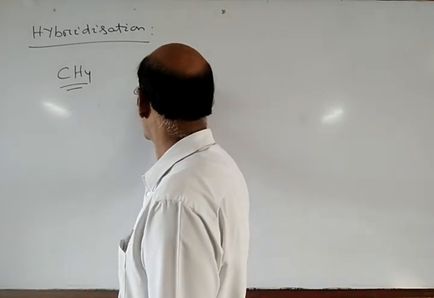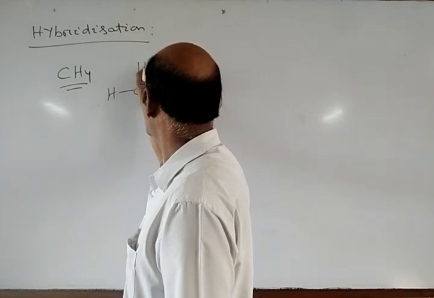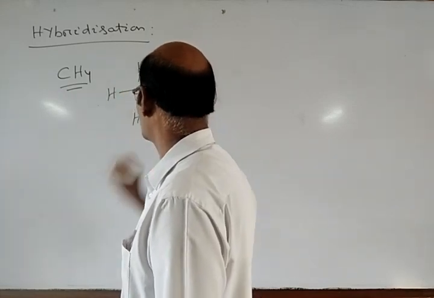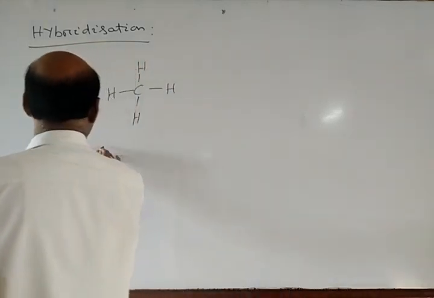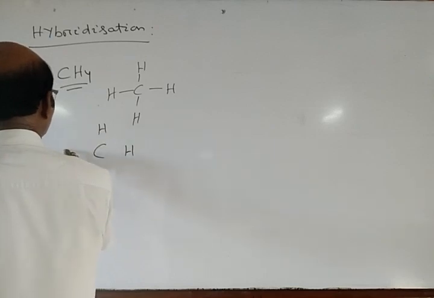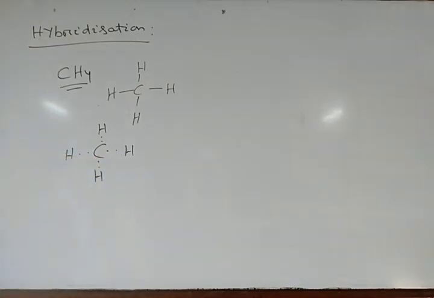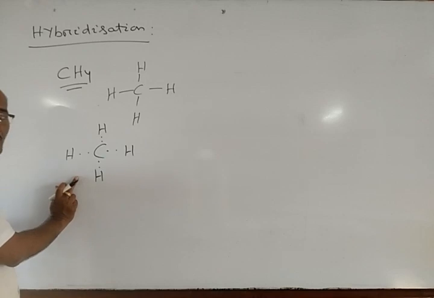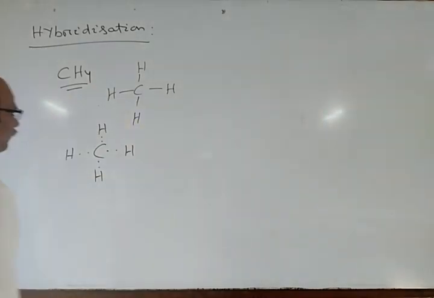Carbon, H, H. So if you draw the Lewis structure, C, H, H, H, H. So this is the Lewis structure for the methane molecule.